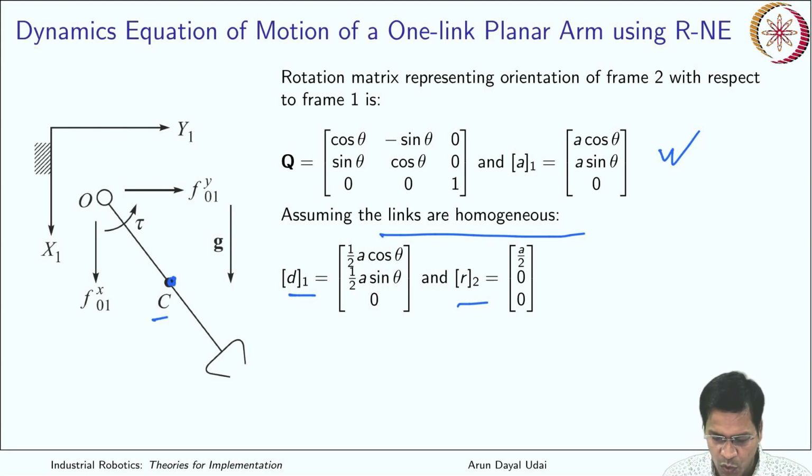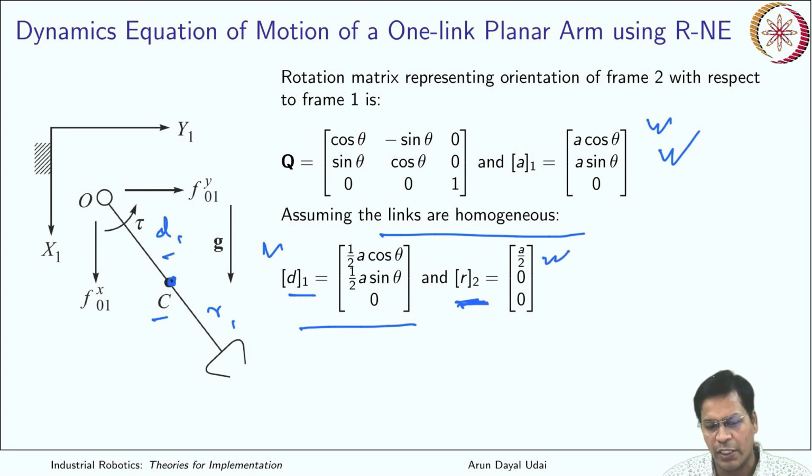You know what they are. This is your d1, this is your r1. Again they have to be represented in different frames. So a1 by 2 should give you d1. Similarly r2, is it in its own frame? That is in the link frame itself.